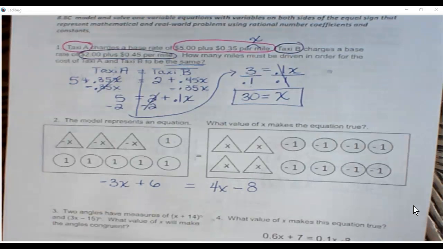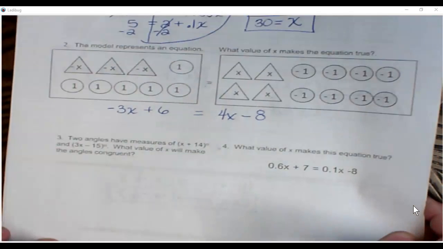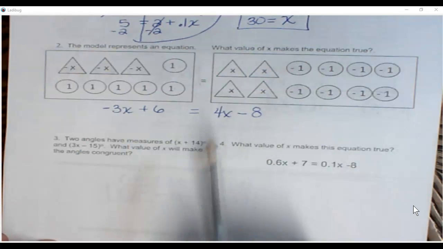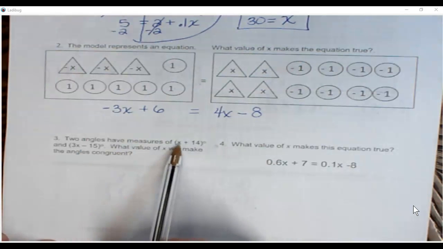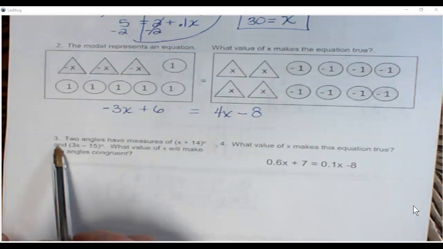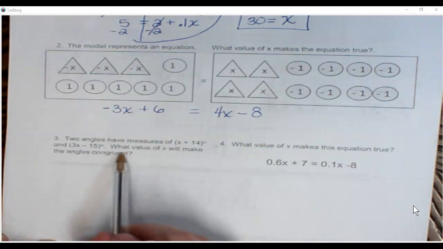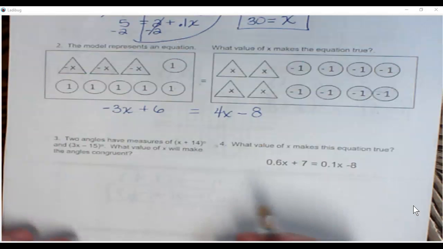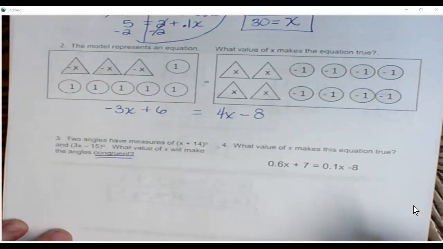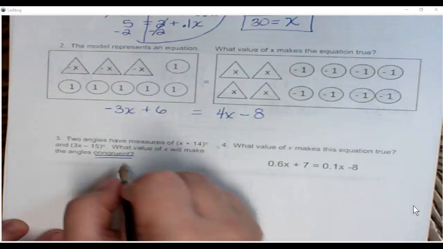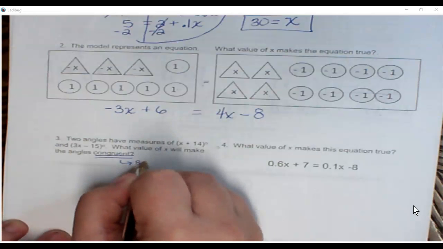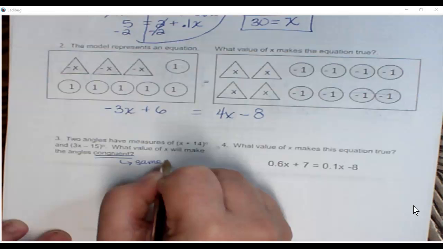All right, let's go down to number 3. Two angles have measures of x plus 14 degrees and 3x plus 15 degrees. What value of x will make the angles congruent? What does congruent mean? It means equal. It means the same measurement.